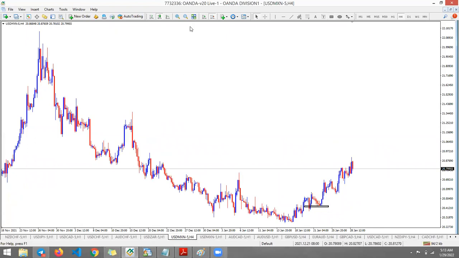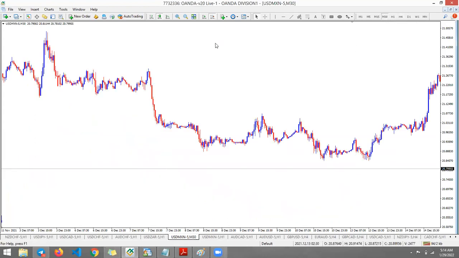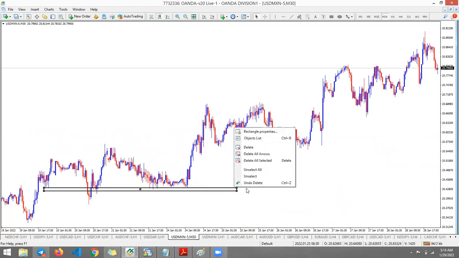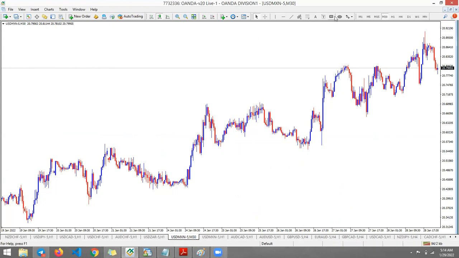So you can see the pips that were collected. So price just rallied. So that's the beauty about following the trend. When you follow the trend, most of the time you bank good money. Always look for setups in line with the trend. You make quite some good money.